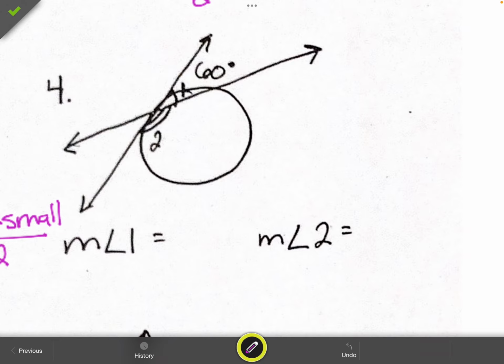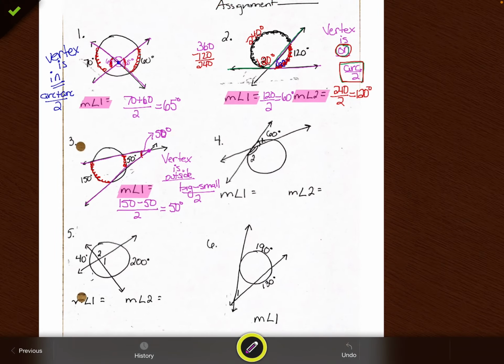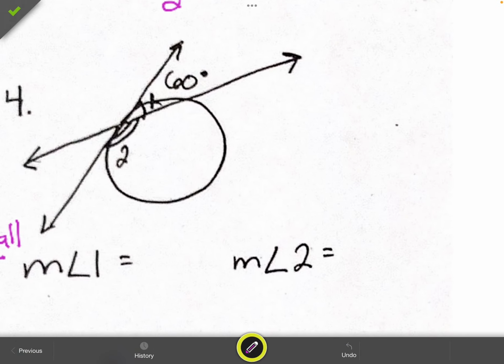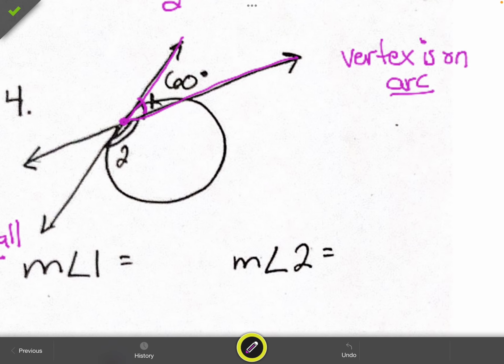All right, number 4, they want angle 1 and angle 2, so this looks very similar to number 2. So here's angle 1. I'm going to trace my angle. Okay, for angle 1, my vertex is on. It's on my circle. So my formula for on is arc divided by 2.